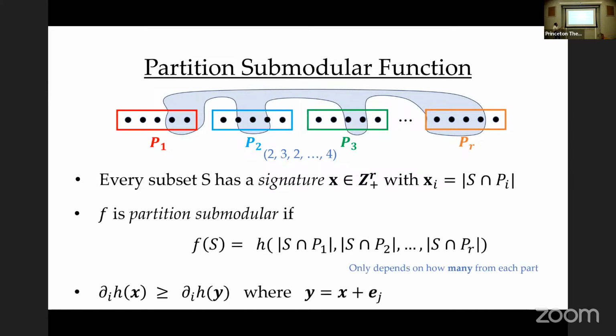So for the first construction, we're going to look at partition submodular functions, which are functions where f of S is some function H of this integer vector x1 to xr. And all you need from H is that it's a discrete concave function, that the marginal can only decrease if you have something large.